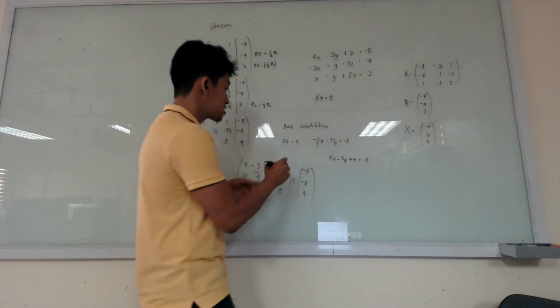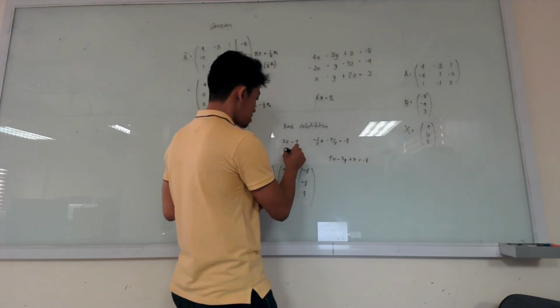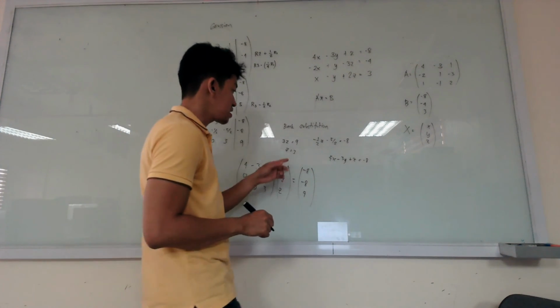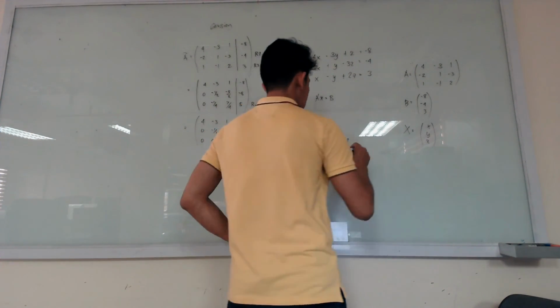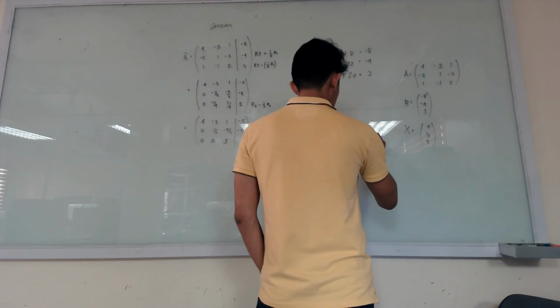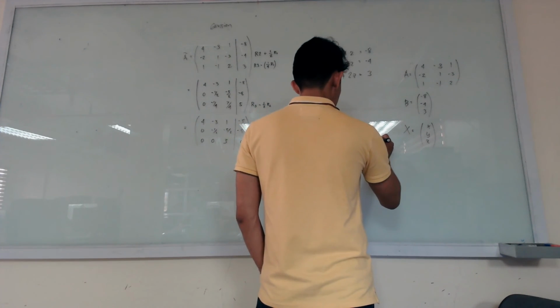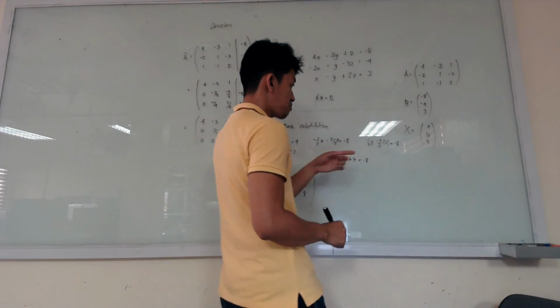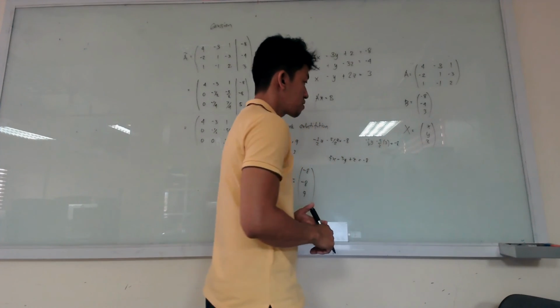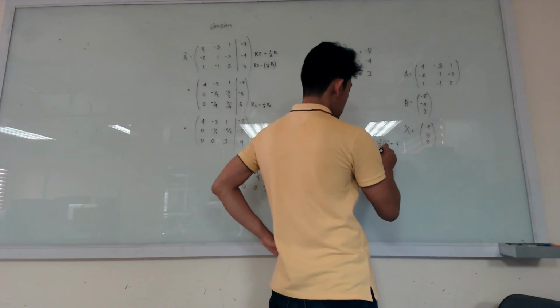Okay, therefore z is equal to 3. And then plug in mo diri 5 over 2z. So you have negative 1 half of y minus 5 over 2 times 3. So you have negative 15 over 2.